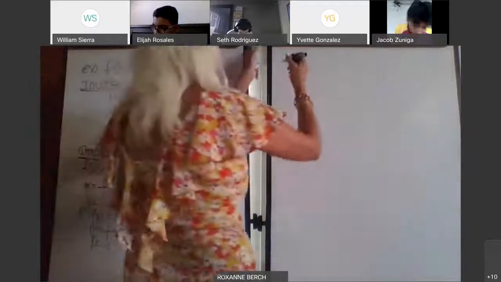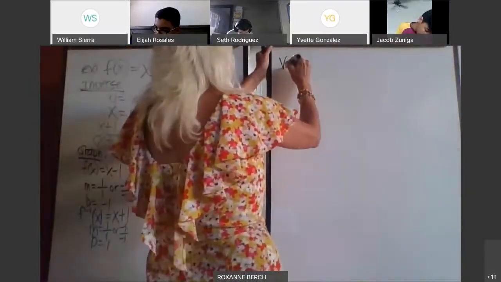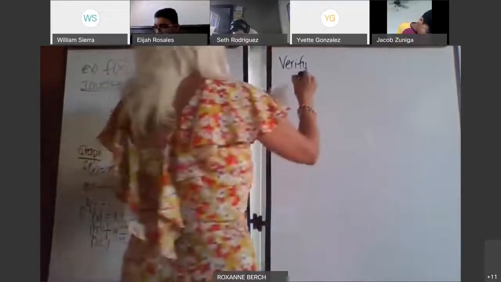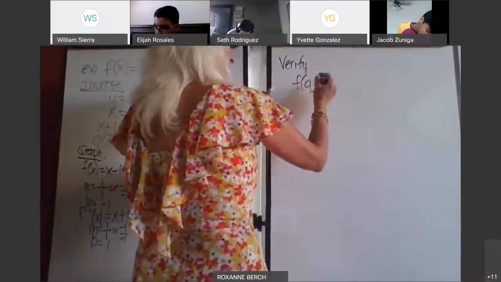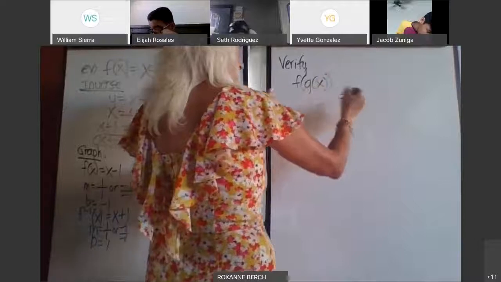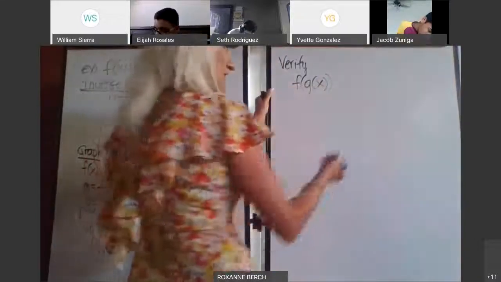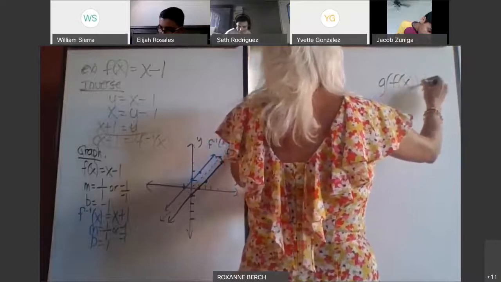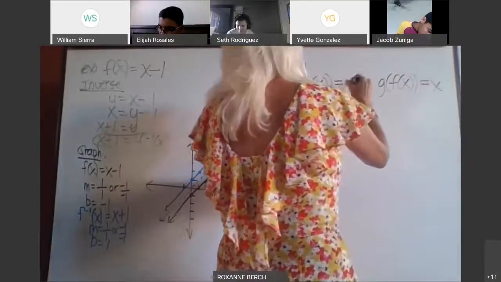So let's verify or prove or justify. What we have to do is take f of the inverse and make sure it equals x. And then we have to take g of f of x and make sure it equals x.